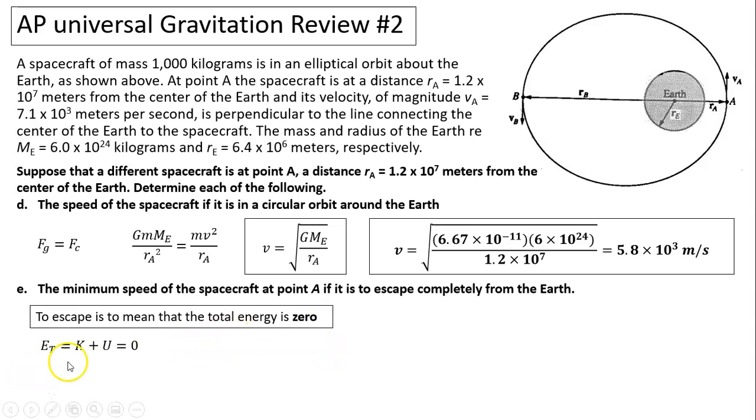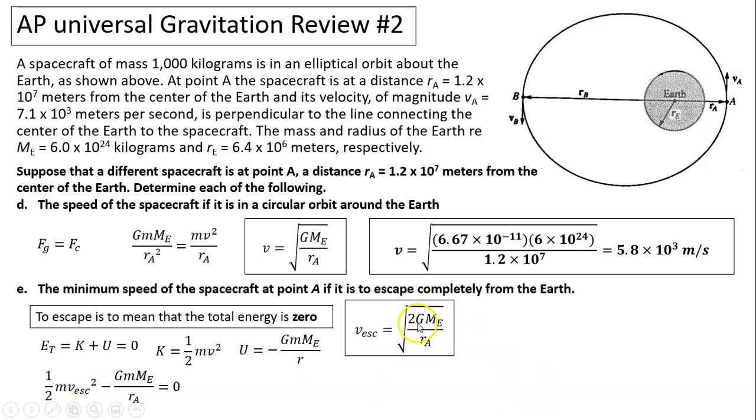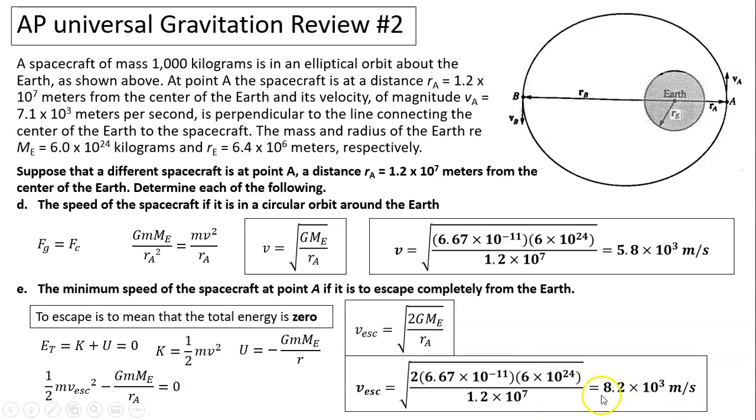So total energy ET equals K plus U equals 0. K is kinetic and U is potential. Substitute everything in, and you should be able to solve for V escape. Substituting the values, you should have 8.2 times 10 to the 3 meters per second. That is called the escape speed at that point.